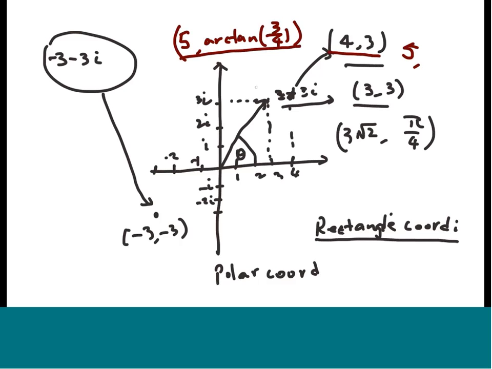Okay, let's move on. That's all essentially just a point in the plane; you just see it differently. If you see it as a complex number, that's fine. If you see it as the rectangular coordinate, the XY coordinate, that's okay.